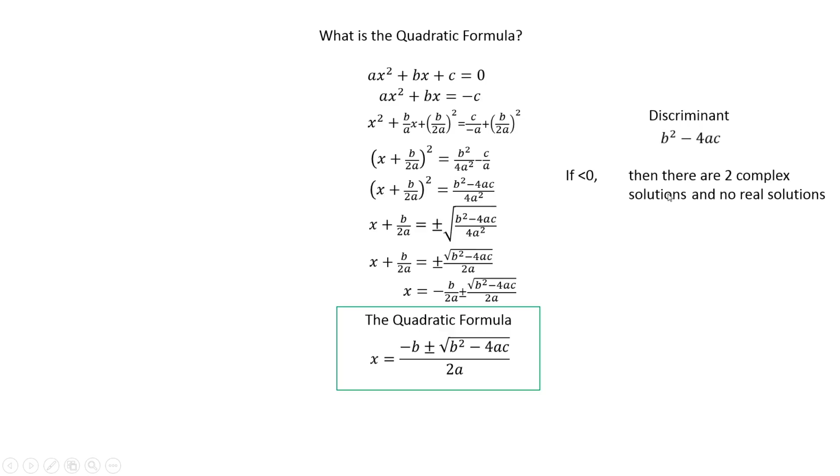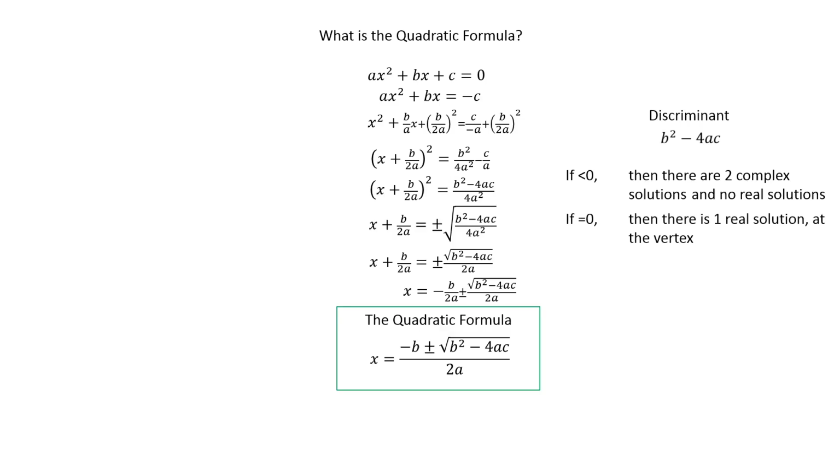If we graph something where this is negative, it won't hit the x-axis. It will either be all the way above, always above it, or always below it. You cannot solve that by graphing. You cannot solve that by factoring. You have to use the quadratic formula or completing the square.